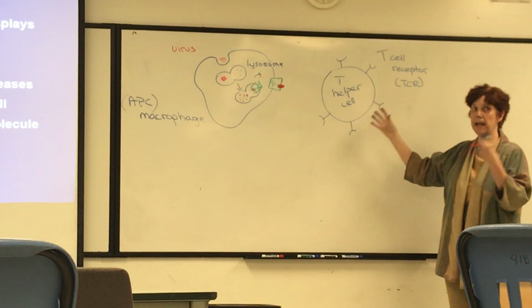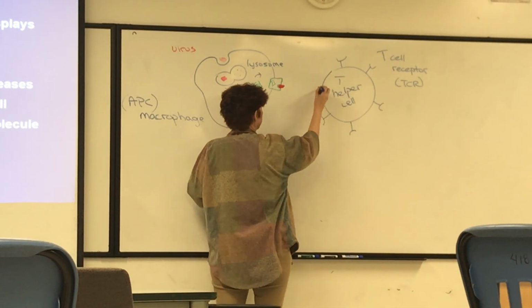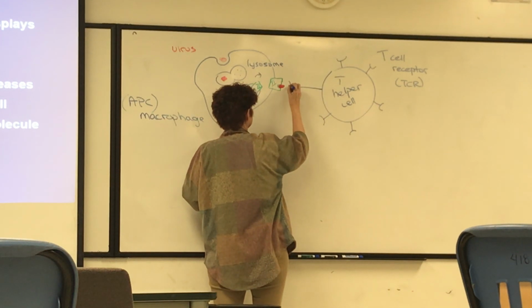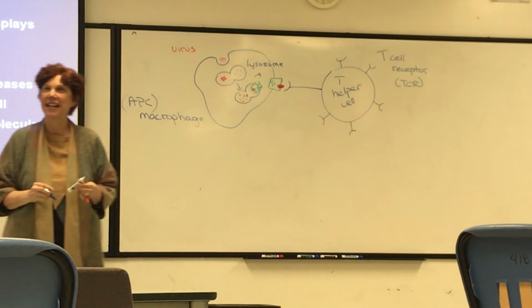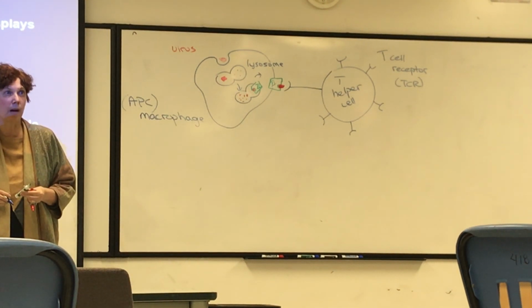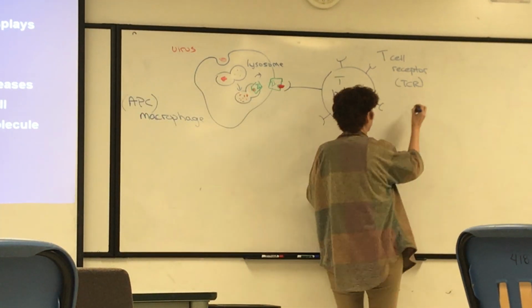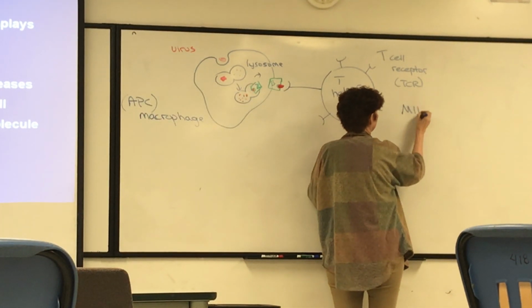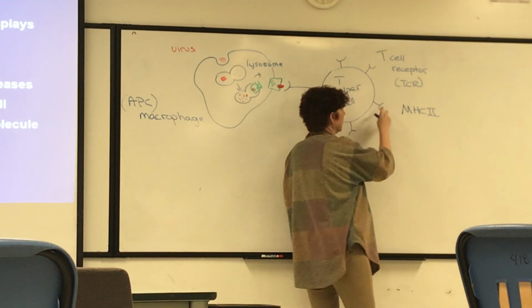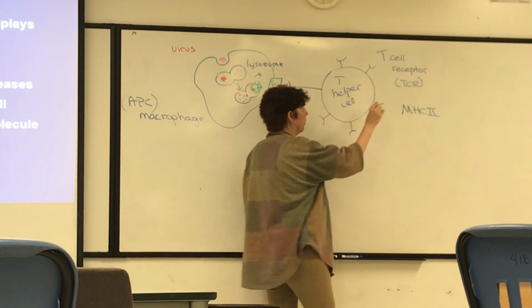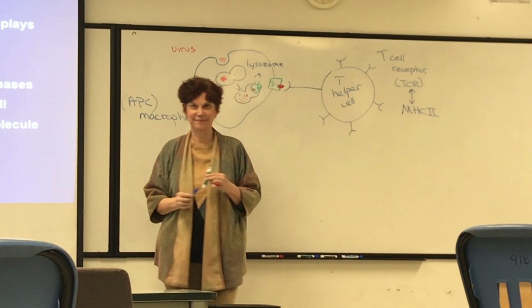Okay? So by random chance, because there's so many of these, this T cell receptor recognizes the antigen presented by the MHC class II molecule. T helper cells only interact with MHC II molecules. So these T cell receptors will only interact with MHC class II molecules.